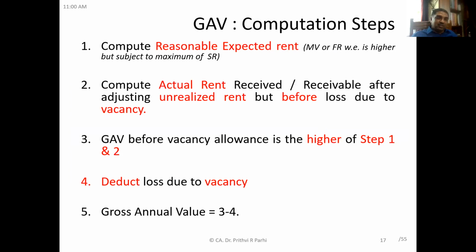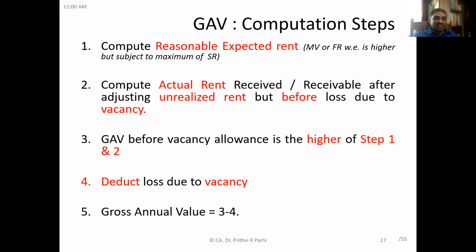Let us recapitulate our understanding of the GAV computation steps. Step one, compute reasonable expected rent. You are aware this means municipal value or fair rent, whichever is higher, but subject to a maximum of standard rent. Step two, compute actual rent received and receivable after adjusting unrealized rent, but before adjusting the loss due to vacancy.